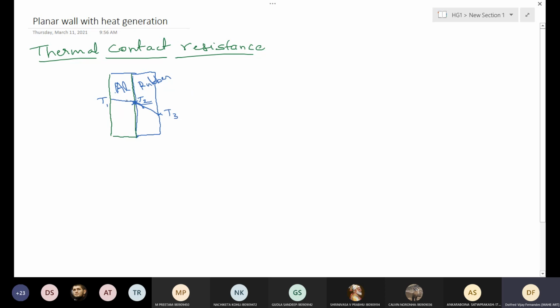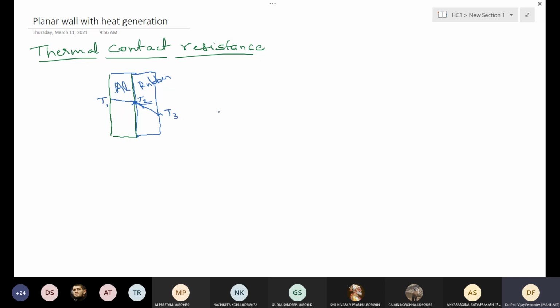Idealized assumption, because we know that when we see a wall, we can say it is a smooth wall, and by touching also we can feel the surface is very fine polished.